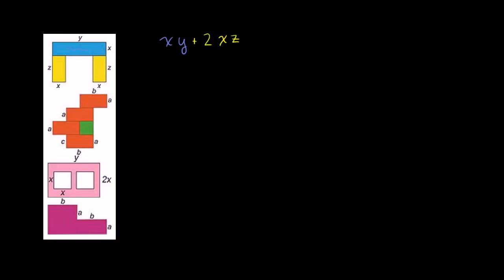Now let's do this next one. What's the area here? Well, I have an a times ab. This looks like an a times ab again, plus ab. That looks like an ab again, plus ab, plus ab. And I think they've drawn this actually a little bit strange. Well, I'm going to ignore this c right there.